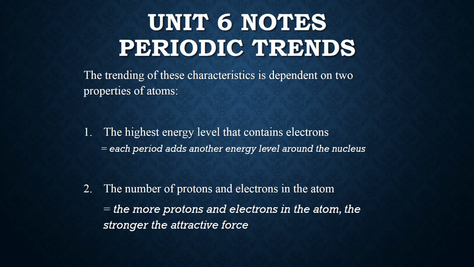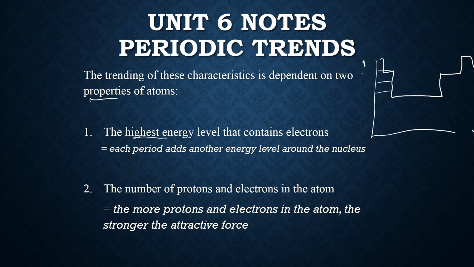So all of these trends are dependent upon two key properties. We're going to keep referring back to these. They have to do with the highest energy level. If we picture our periodic table, and you remember when we did electron configuration, this is period 1, period 2, period 3, period 4, all the way down. Every time you go down a row on the periodic table, you're adding another layer of electrons.